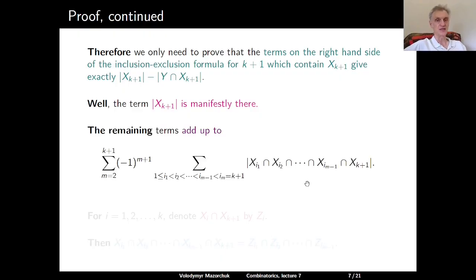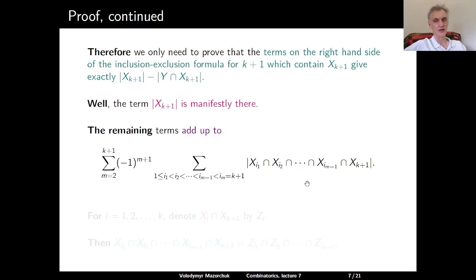And the remaining terms add up to the following formula. So we have the sum over all m from 2 to k plus 1. We have the sign (-1) to the power m plus 1. And then the sum over all indices i1, i2, and so on, i sub m minus 1, and then i sub m, and this index is equal to k plus 1 because we only take terms where x sub k plus 1 is present.